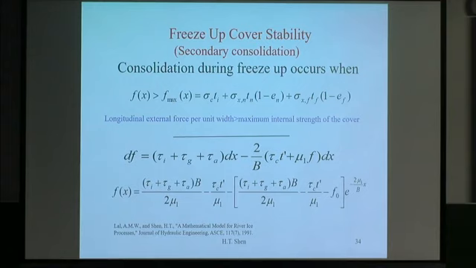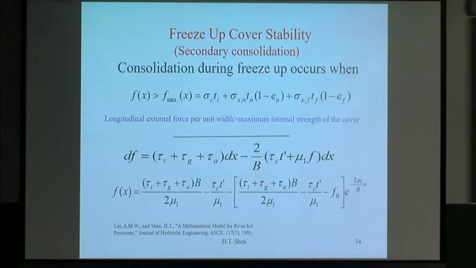Okay. Now, when a jam or cover is formed during the freeze-up, if the flow condition or upstream flow condition changes, you may have a surge of flood coming down. The formed jam could collapse, and we call it a secondary consolidation.